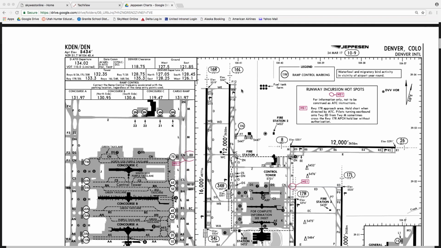So if our ISA deviation is -4, what chart would we use? ISA, 0. Warmer, right? Always go warmer.